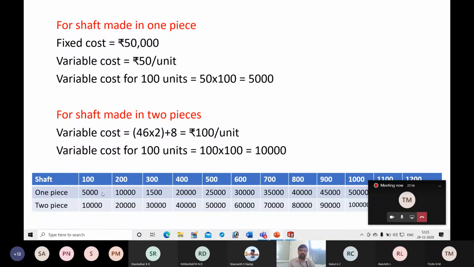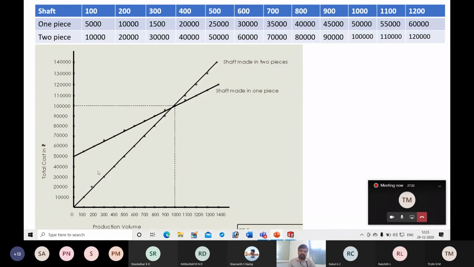In the same way you have to find these values for 300, 400, 500 and 600 shafts. This row represents the variable cost for one piece, and this row represents the variable cost for two pieces. In the graph which I have plotted, this is the total cost, that means it includes both variable cost and fixed cost.